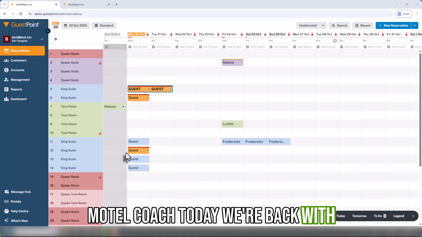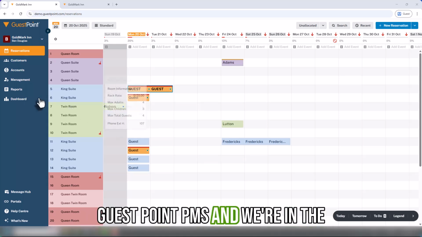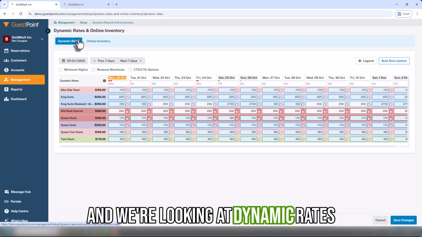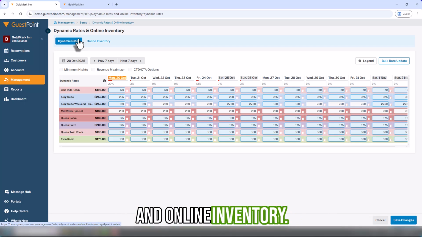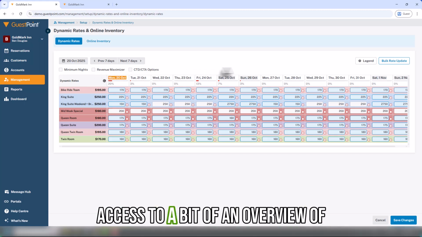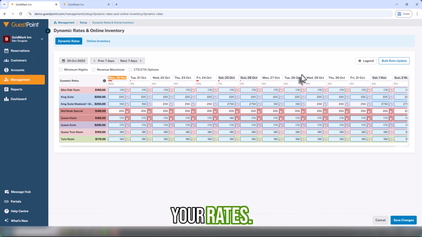Today we're back with GuestPoint PMS and we're in the Management tab looking at dynamic rates and online inventory. The dynamic rates window gives you an overview of your rates.